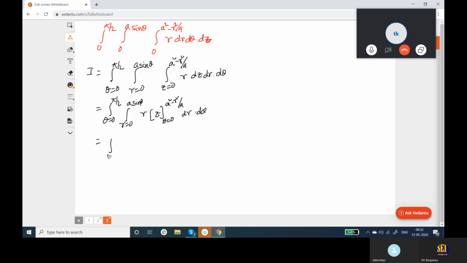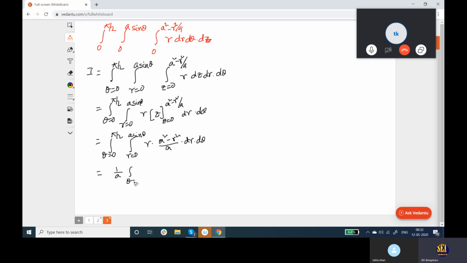So integral theta is equal to 0 to pi by 2, integral r is equal to 0 to a sine theta, r into a square minus r square by a into dr into d theta. We can write then 1 by a, take a common.